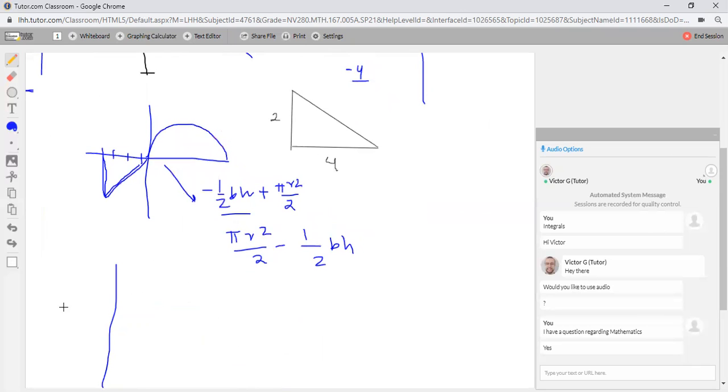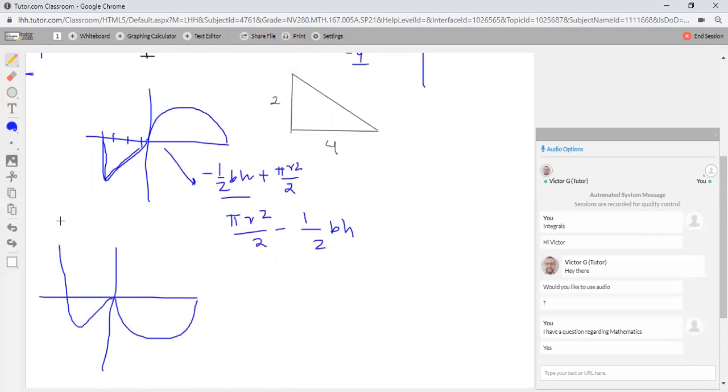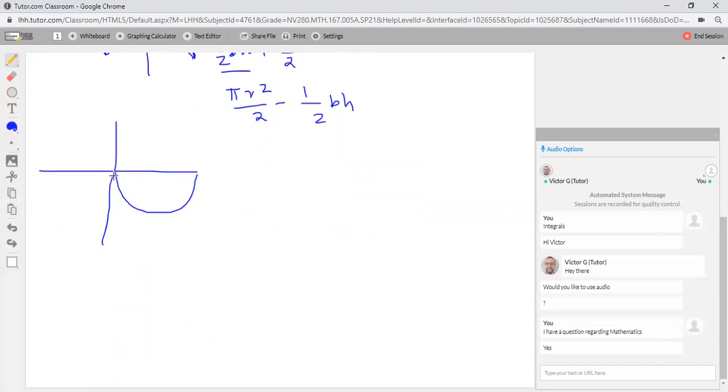What if, one more question, sorry. That's okay. What if I had something like this? One second. Something like this, maybe. Would this be negative 1/2 times base times height minus pi r squared over 2? Yeah, exactly.